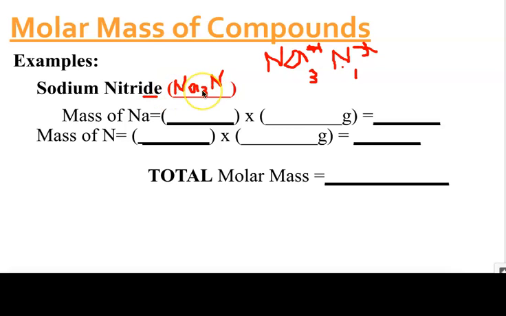Okay, so we want to get the mass of Na. There's going to be 3 of them because of that crisscross. So we're going to say 3 times the mass of Na, which I get straight from the periodic table. I'm going to look down and use the atomic weight. It is 22.99.